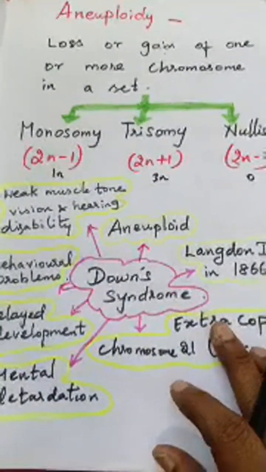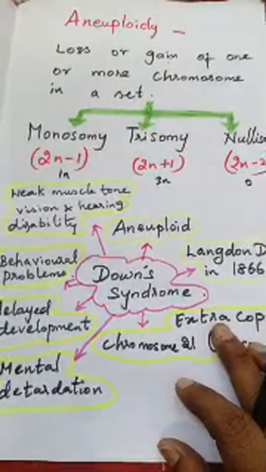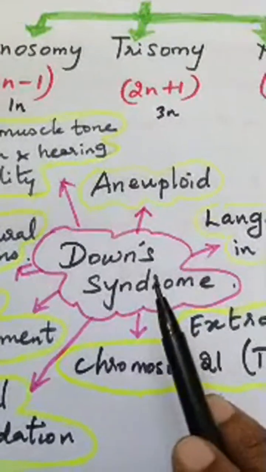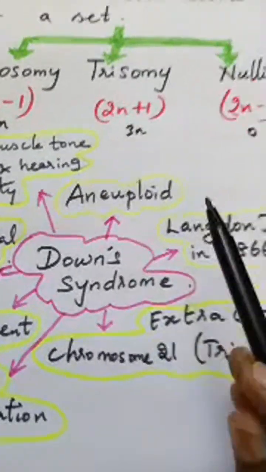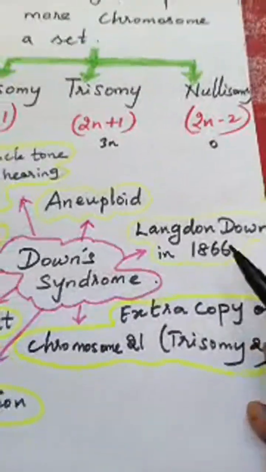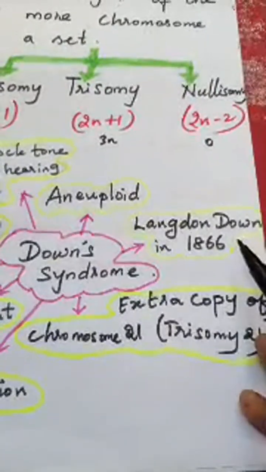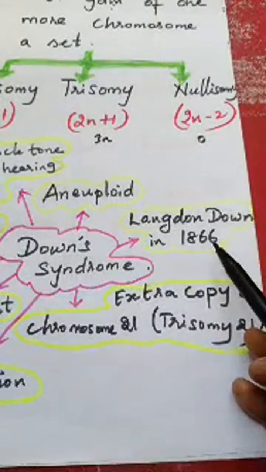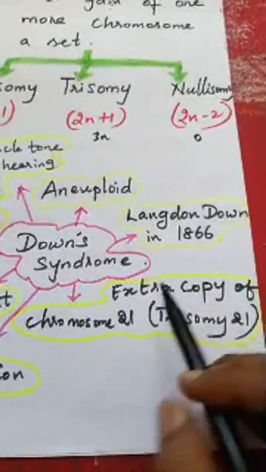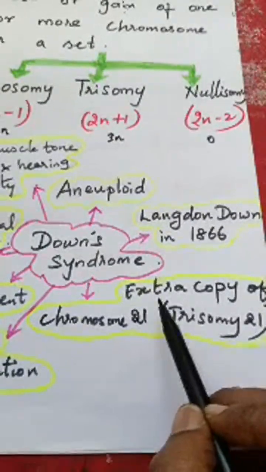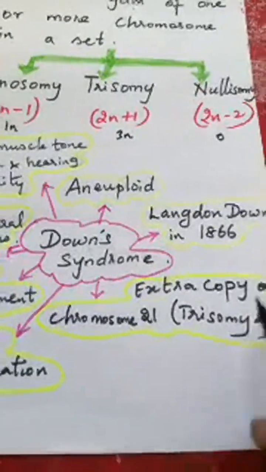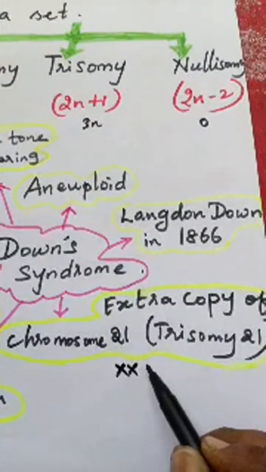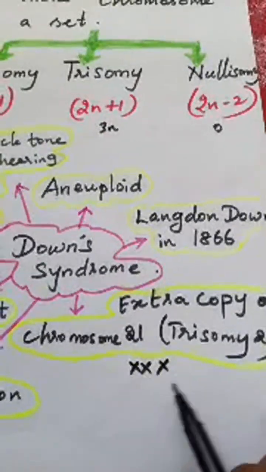Down syndrome is one of the mutations that come under aneuploidy, and it was initially described by Dr. Langdon in the year 1866. So what is the defect? The chromosome 21 has one extra copy, that is trisomy, like this, 2n plus 1.